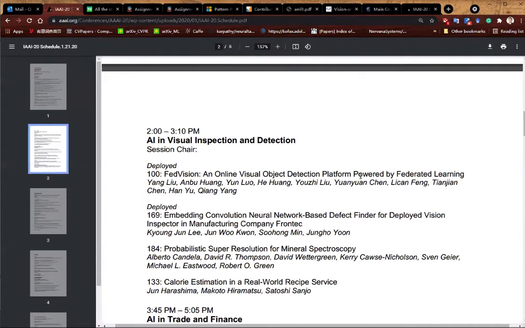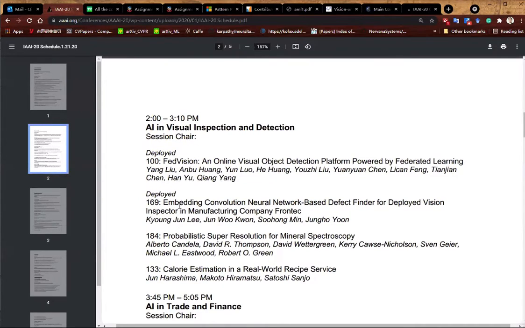Online visual object detection platform, and embedding convolutional neural network-based defect finder. This is an application, and this is a method, right? So basically, we expect you to have some project like this, right?